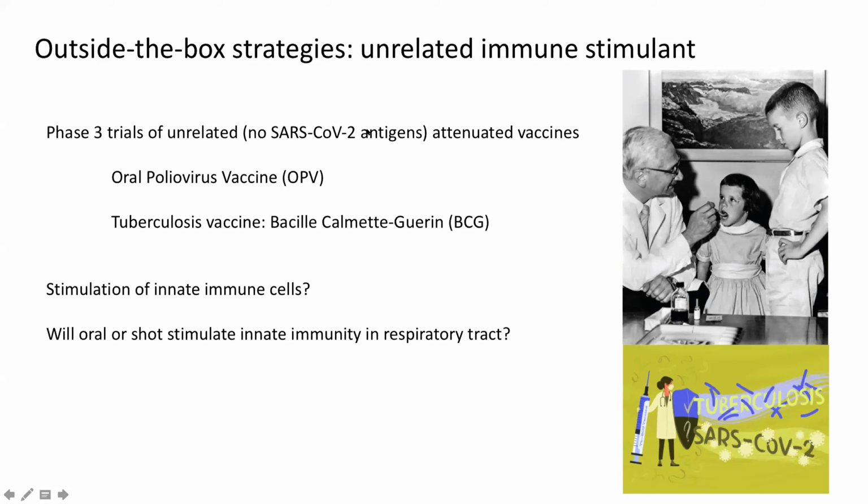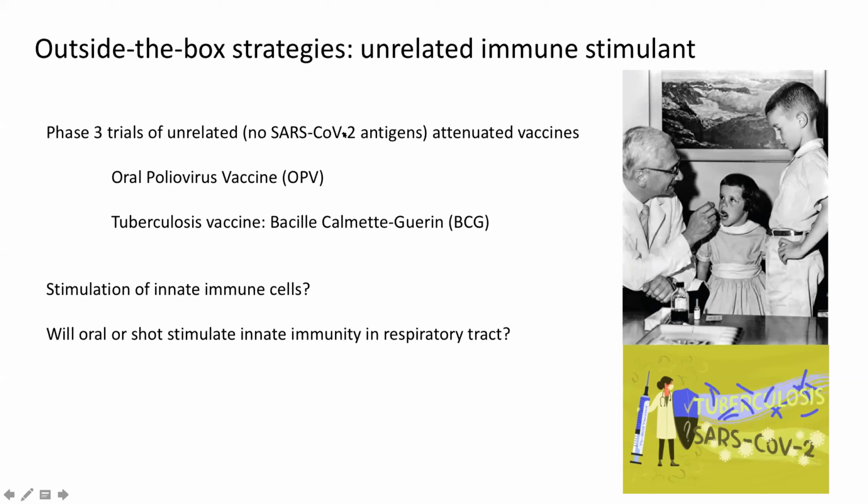But the hope is that they would stimulate the innate immune system to either help eliminate the virus or control the virus early in infection, or lead to a faster adaptive immune response in someone who gets infected.